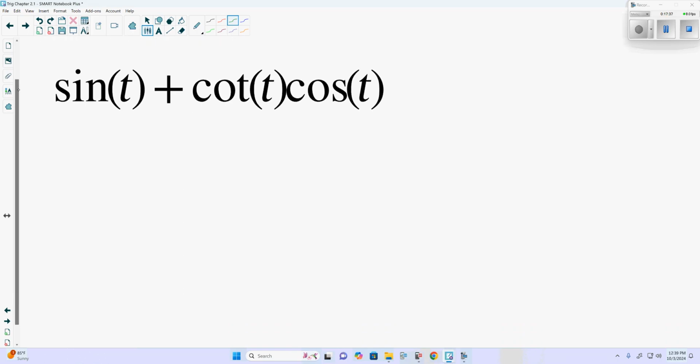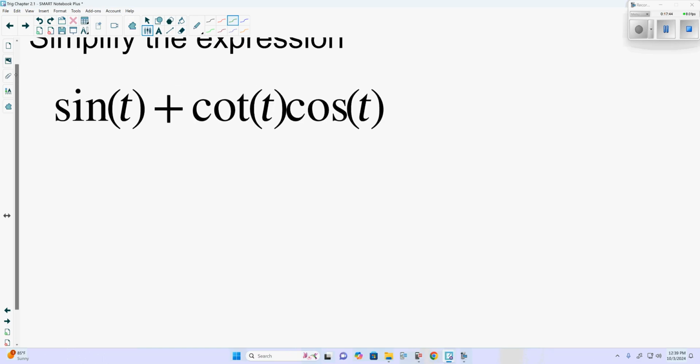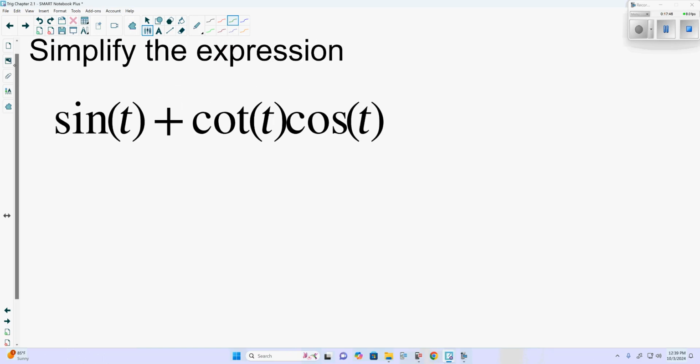Simplify each expression. We want to simplify this as far as we possibly can. Yeah, I don't know why it decided not to print these.